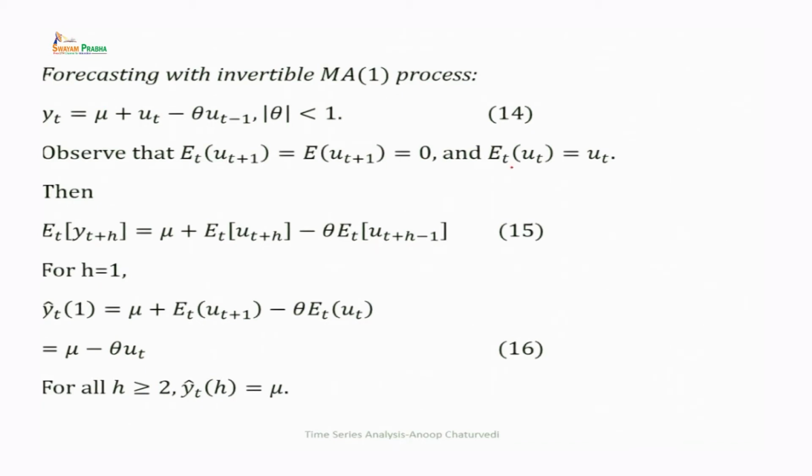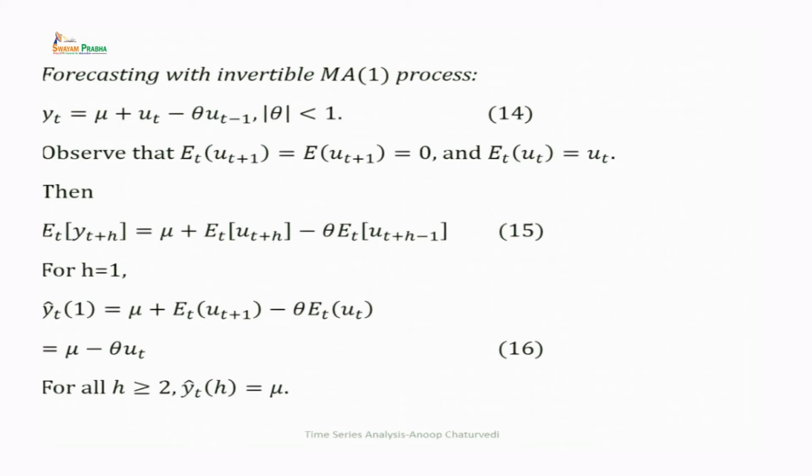And then E_t of u_t is equal to u_t, because u_t is given. So, E_t of y_{t+h} is equal to mu plus E_t of u_{t+h} minus theta E_t of u_{t+h-1}.